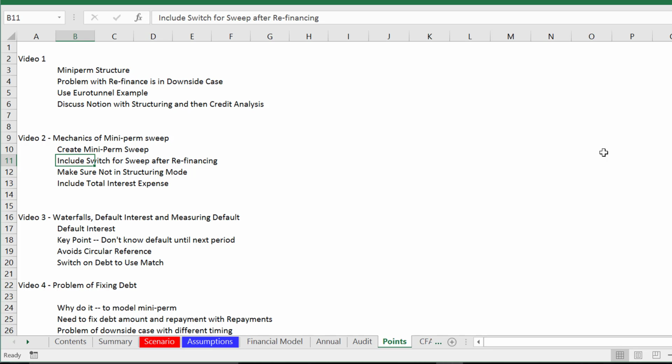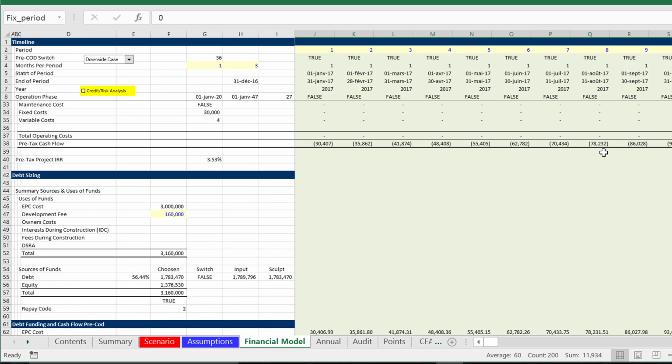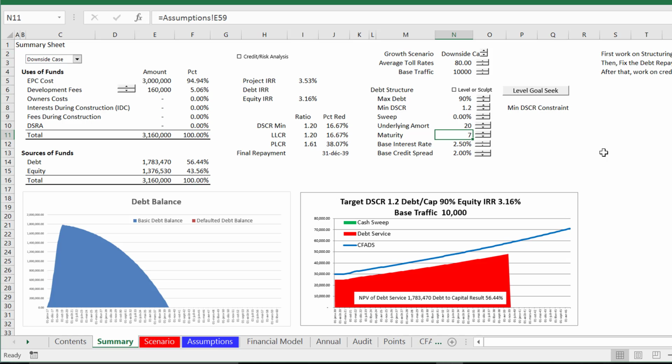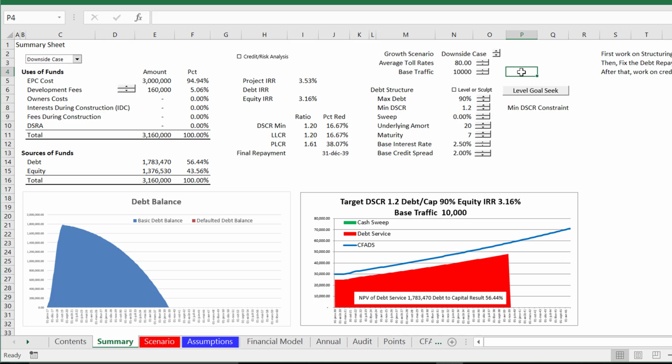And we need to adjust for this structuring mode and make a couple of adjustments to interest expense. So I don't think the mechanics are going to be very difficult, but I'm making this video so we can look at a little bit of the mechanical issues as well as the theoretical issues.